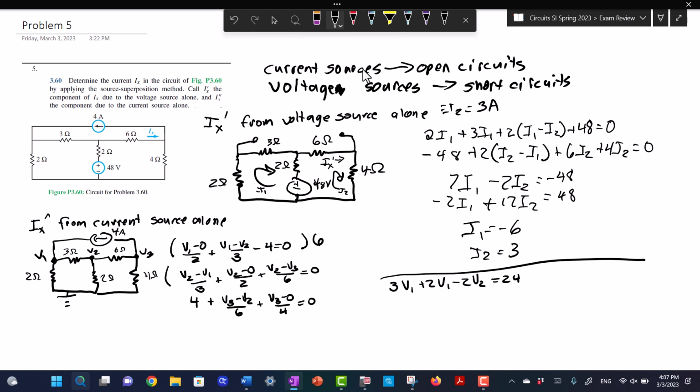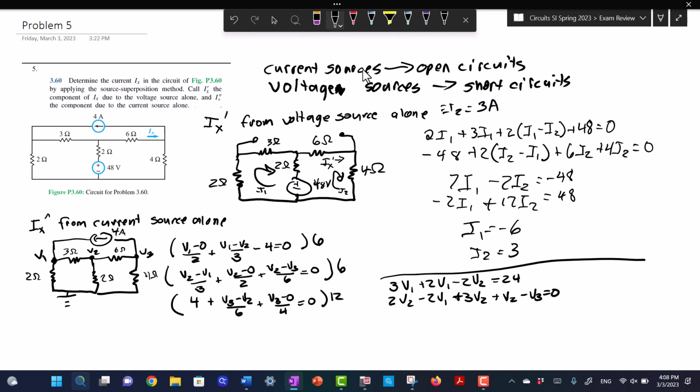I'll multiply this equation also by 6 and I get 2V2 minus 2V1 plus 3V2 plus V2 minus V3 equals 0.